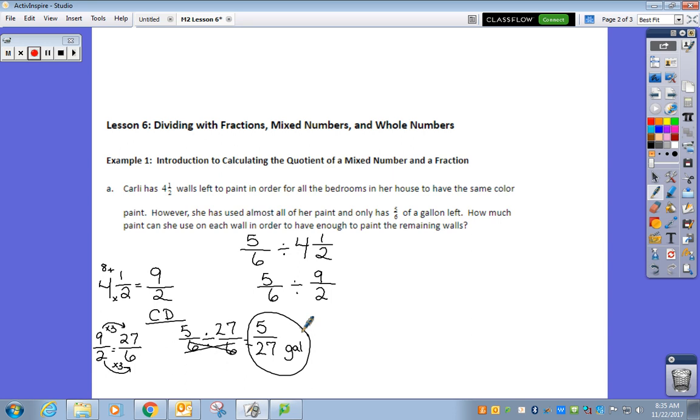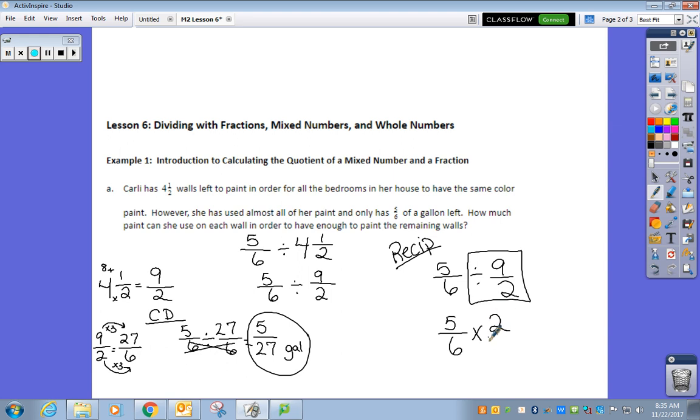Now, if we're going to use the other method, our reciprocal method, we would, of course, rewrite the problem as is. But now, instead of dividing by 9/2, we're going to take that 5/6, which the dividend always stays the same, and change the division problem into a multiplication problem, and multiply by the reciprocal of 9/2. Remember, for a reciprocal, you just flip the two numbers around.